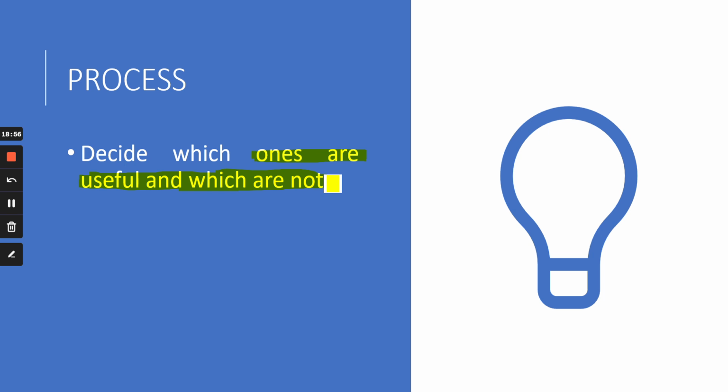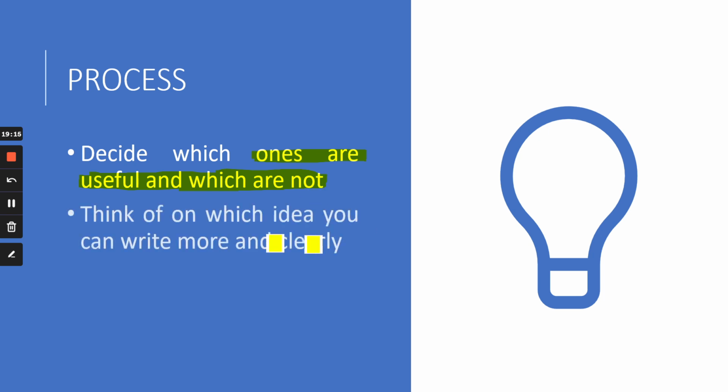All right, so only one basis: which idea will enable me to write more and write more clearly. Those ideas are the useful ones for you. The rest of the ideas are scrapped. Think about which idea you can write more and clearly on. This is the key to deciding which ones are useful and which are not.